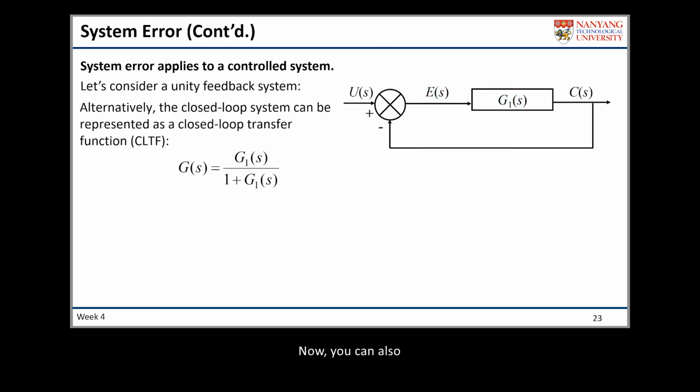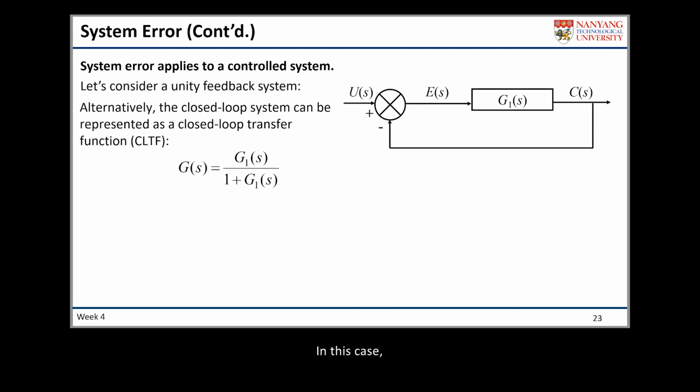Now, you can also evaluate the accuracy of the closed loop system by using the closed loop transfer function. This is another alternative to the approach that we used in the previous slide. Let's take a look at the same system, a unity feedback system with a forward loop transfer function equal to G1.